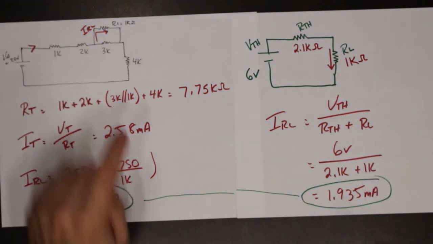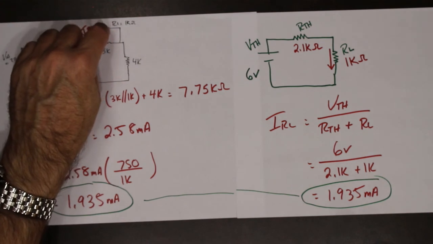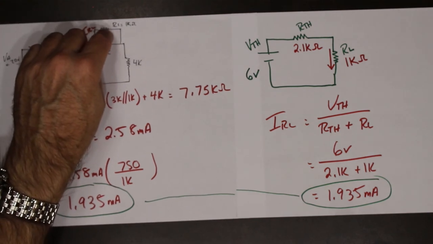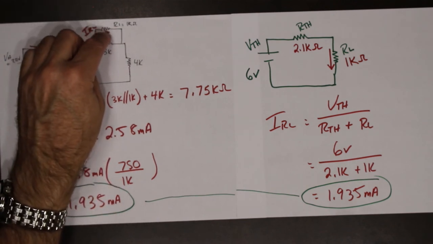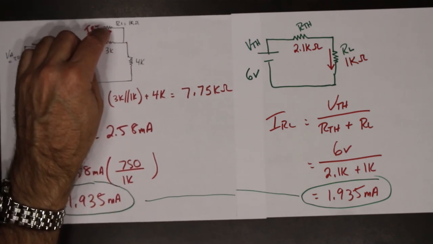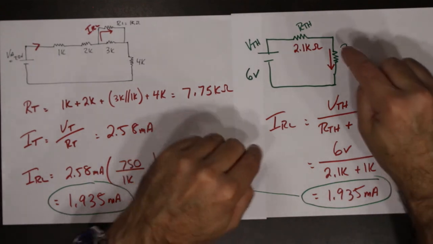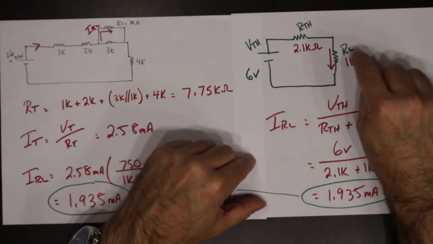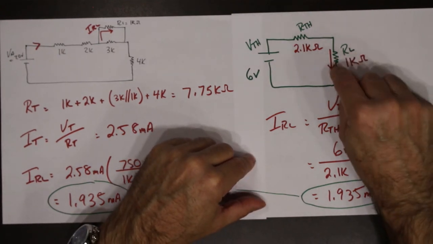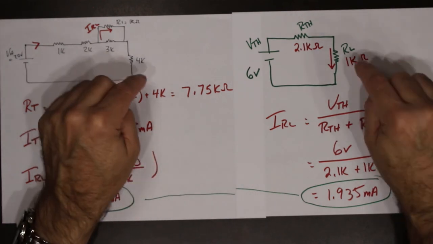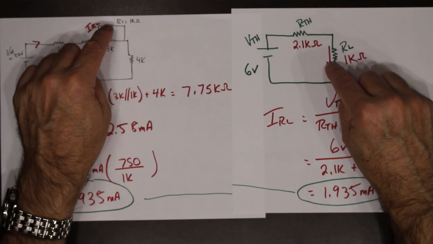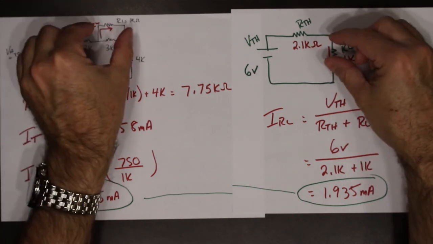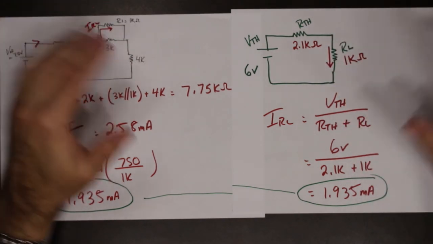So again, what that means is focusing on this single resistor, the current through that resistor in that circuit is exactly the same as the current in that resistor in that circuit. And since the resistance value is the same and the current value is the same, Ohm's law would tell us that the voltage is the same.